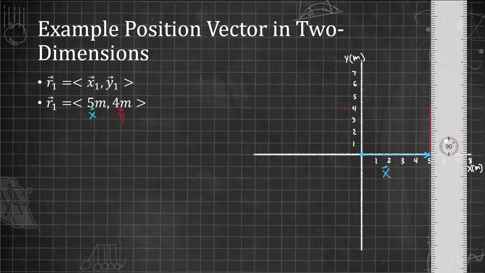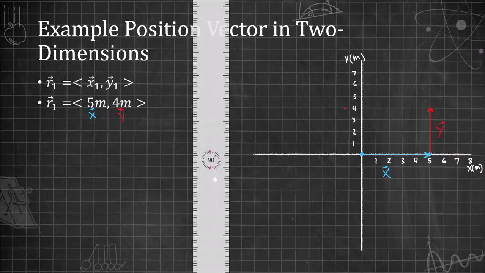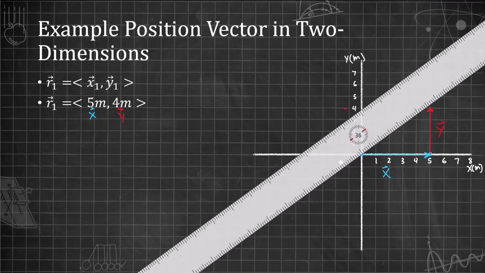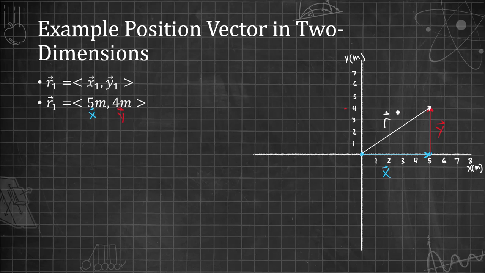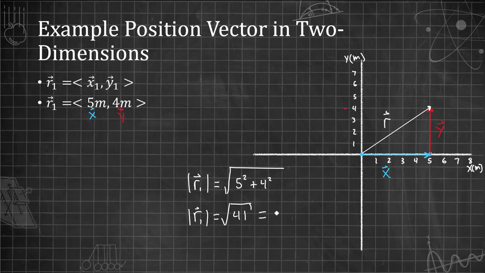We'll draw those two vectors, and our resultant will be the vector that connects from the origin out to where the y vector ended. Once again, to figure out the magnitude of the resultant vector r1, we can just do the Pythagorean theorem, 5 squared plus 4 squared, and take the square root of that. We should get a vector that has a length of 6.4 meters.